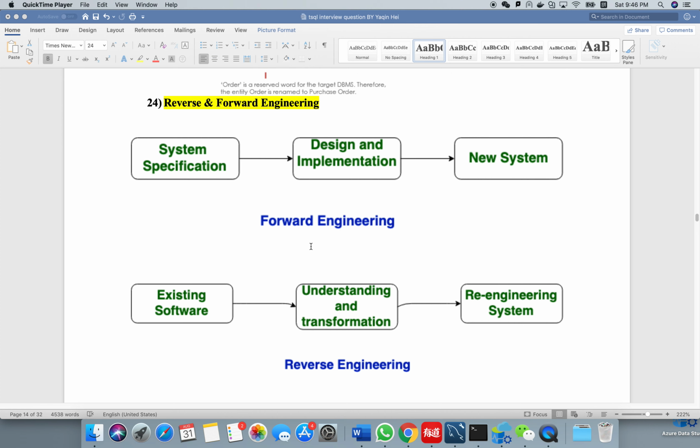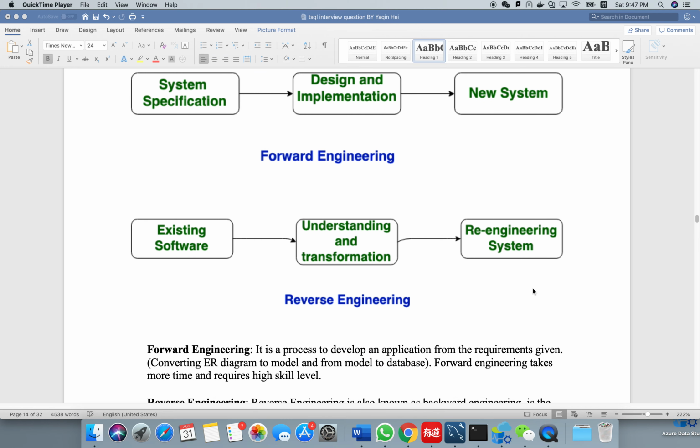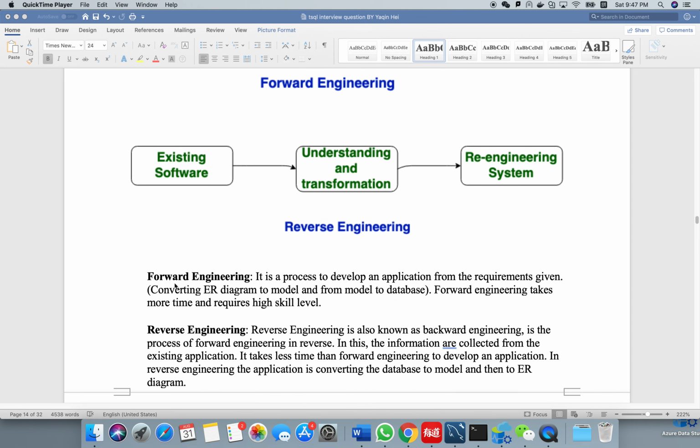24. Reverse and forward engineering. Forward engineering is just from the system specification to the design and implementation of the new system. It goes from the conceptual or ER diagram to the model, and from the model to the database. So it needs higher technology and longer time.